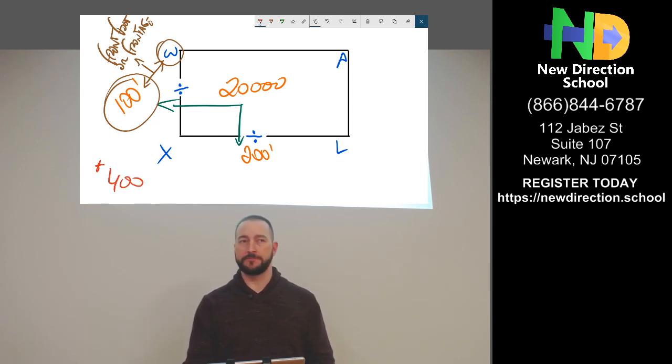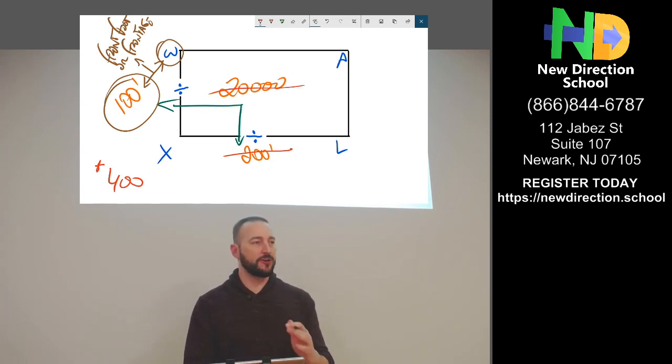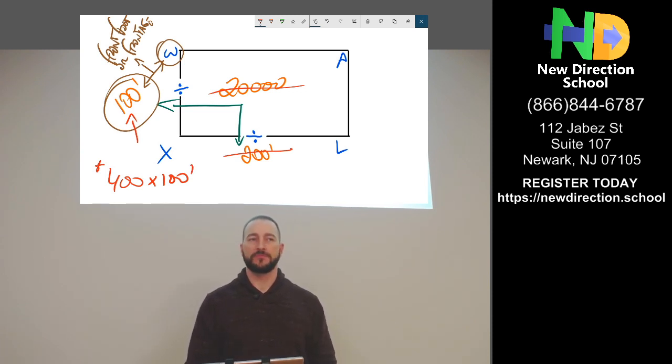Per front foot, right? Do we need this number? No. Cross it out. Do we need this number? No. So why even calculate the area? It's front foot, so it's always this number times 100 feet. $400 times 100 feet. And that gives you the value of this lot.